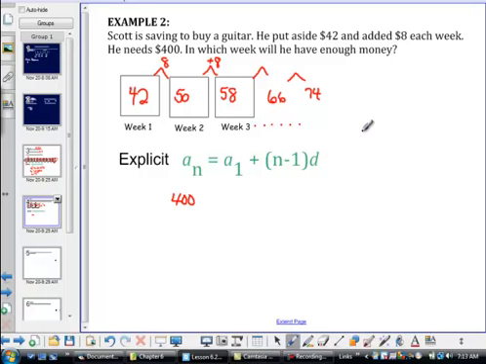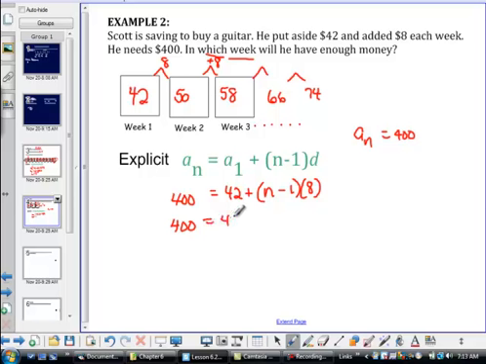We know A sub something is going to equal 400. We do know the first term, it's 42. We don't know what n is. We don't know which week he will have enough money. But we do know the common difference is 8. And look at that, we have a formula now with only one unknown. So we just have to solve.